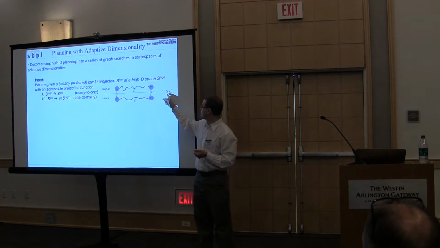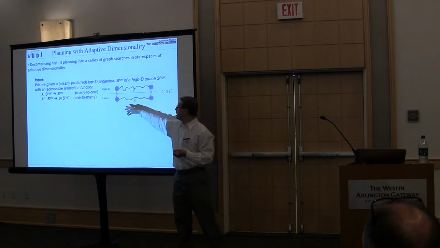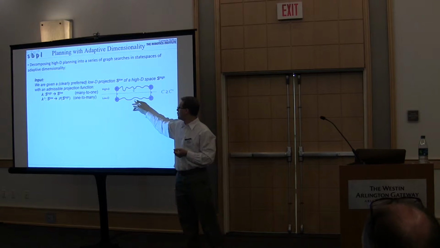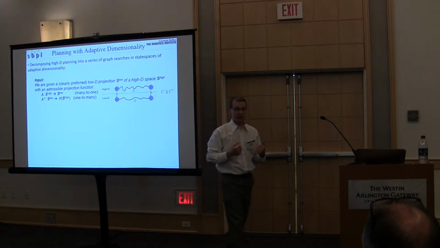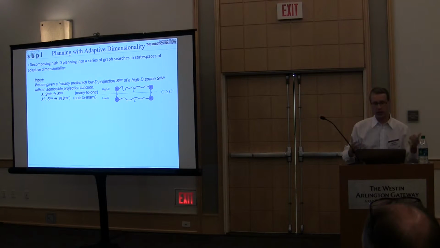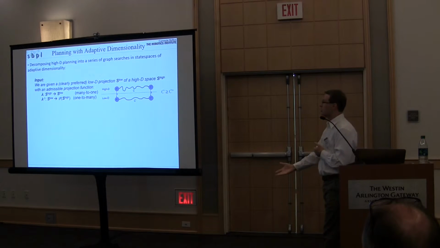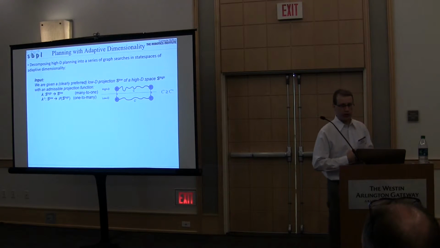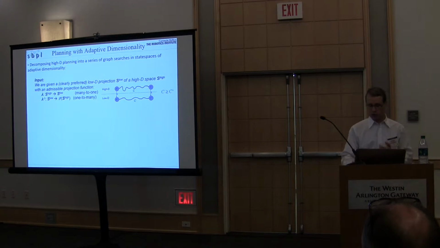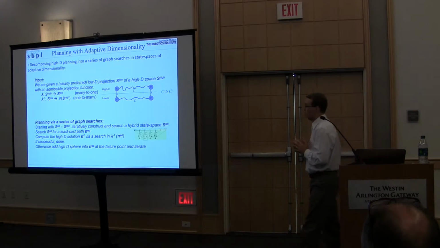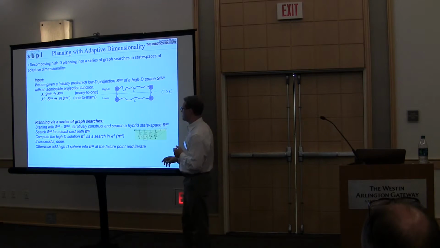One of the properties that you require is that the costs in the low-dimensional projections are lower estimates on the cost in the high-dimensional space. In very many cases you naturally have that decomposition: you can look at the end effector, or at the base as 3D or 2D, and for multi-robots you can also have those decompositions. If you have that decomposition, then the framework for planning with adaptive dimensionality is there.